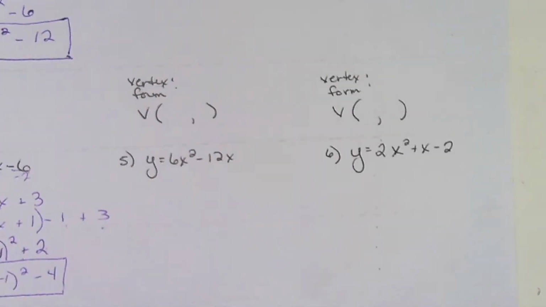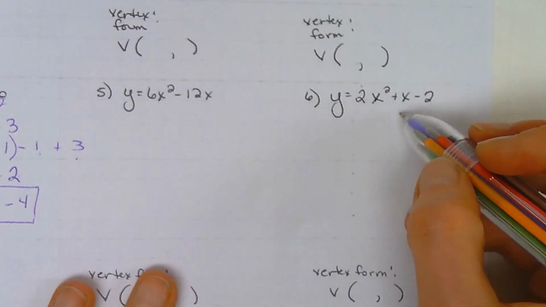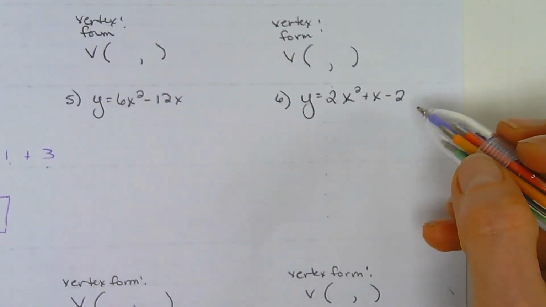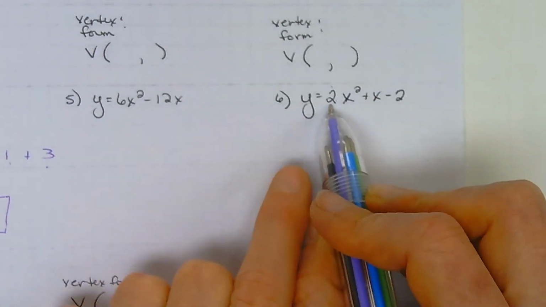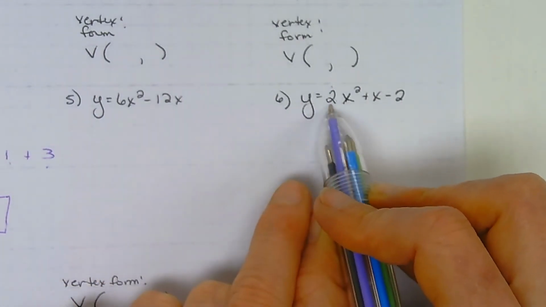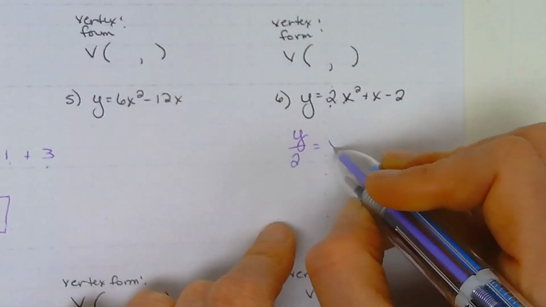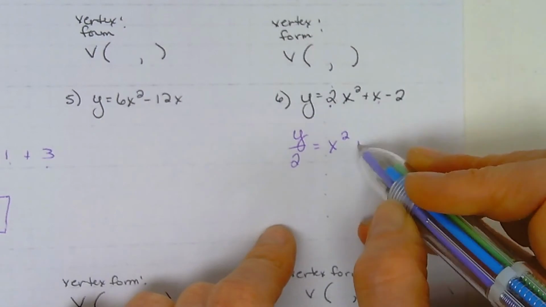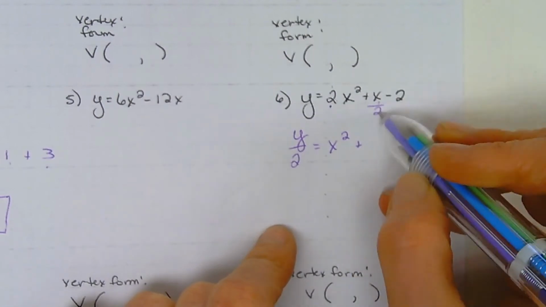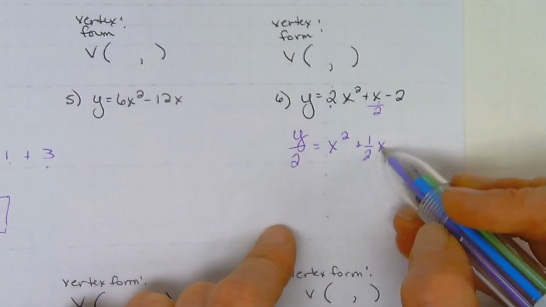Okay, number 6 is a fraction. So when you do this fraction, let's start this, and I'll talk about it a tiny bit. This number here is 2. We'll need to divide everything by 2. So y over 2 equals x squared. Now x divided by 2, it's better if you write it as 1/2 x instead of x over 2, so we have a coefficient.